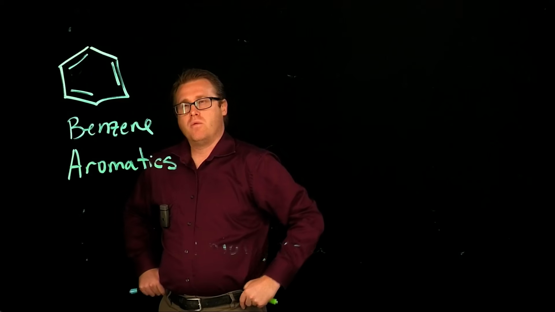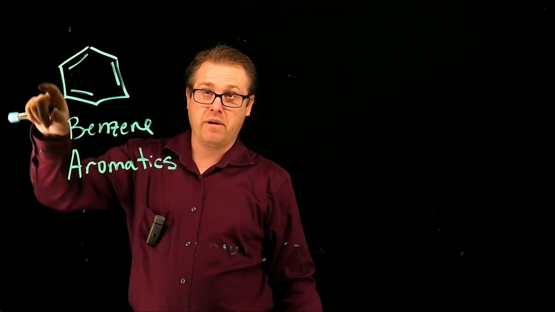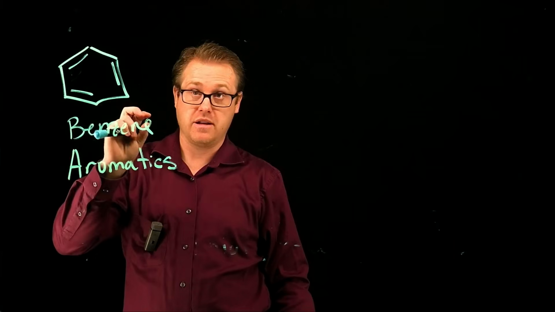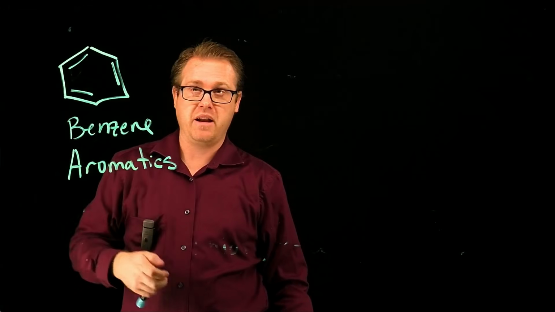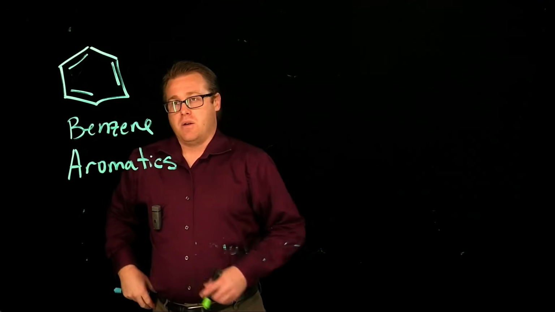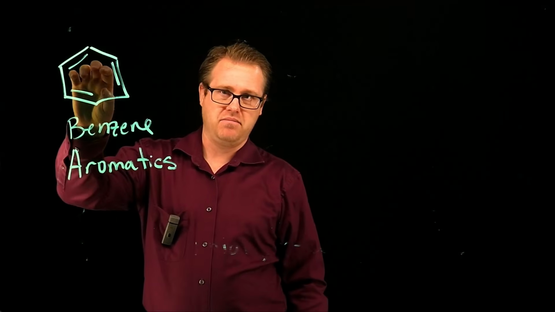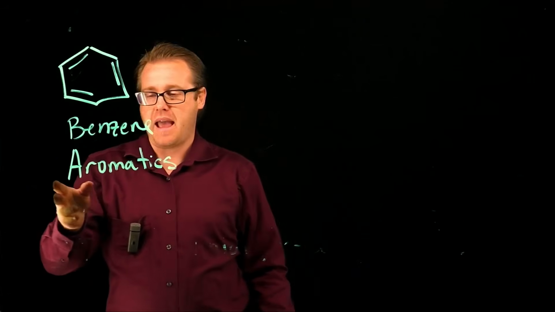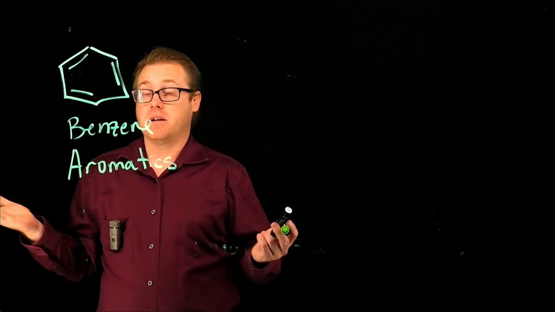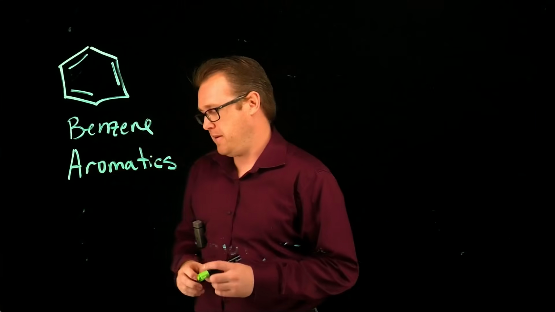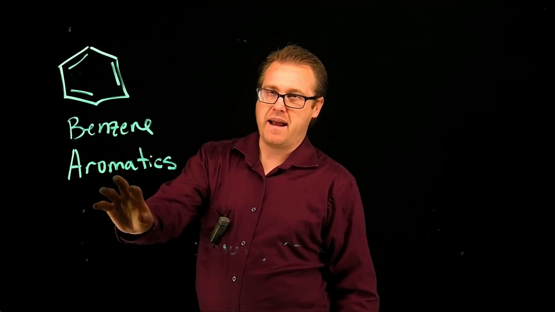Aromatic compounds are typically in a ring structure with alternating double and single bonds. At this point, all I want you to understand is that benzene is an aromatic compound, and we will learn in the future other different types of aromatic compounds. I just want you to be aware of that. Benzenes are aromatic compounds. Okay?